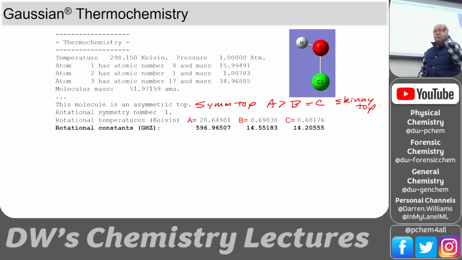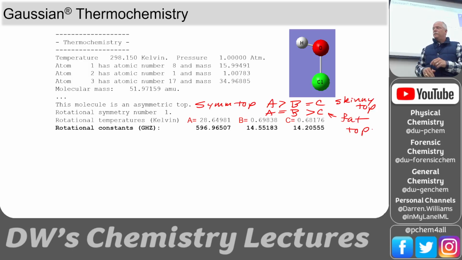Something that's linear, or something that was almost linear, like allene. Do you remember allene? It had 3 carbons and 2 hydrogens on each end. It's really almost a linear molecule, but not quite. But that would be a symmetric top, with 4-fold symmetry. You could also have A equals B, and that be greater than C. And that would be for a fat top.